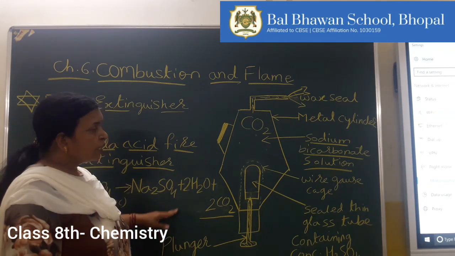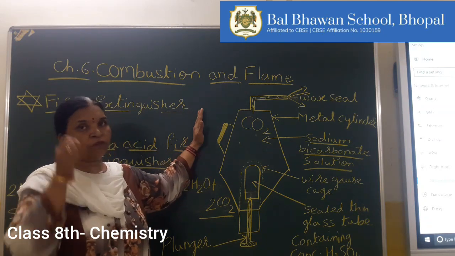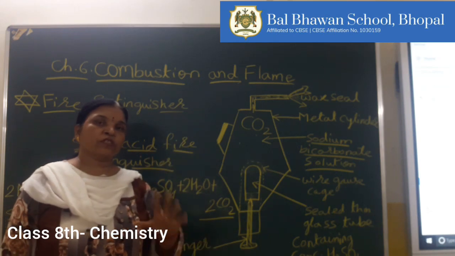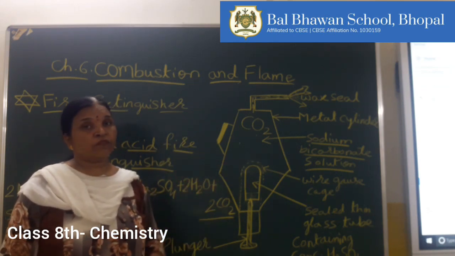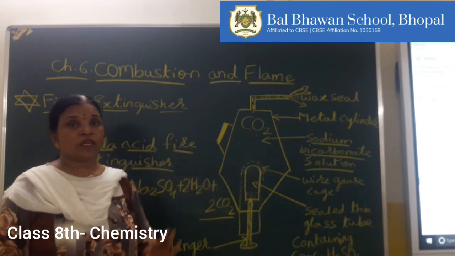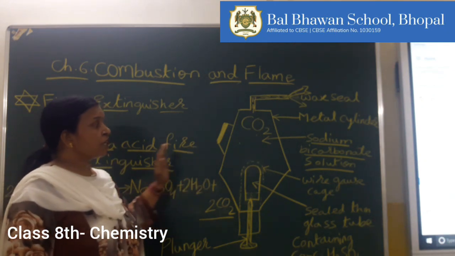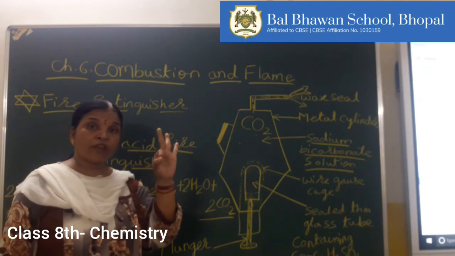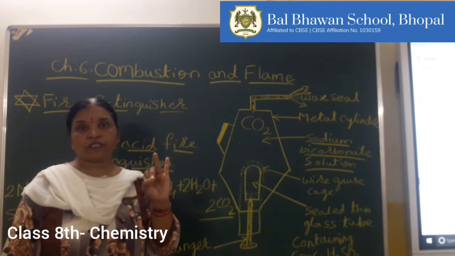Yes, so only in case of solid fire incidences where solid objects like wooden objects or something like that are caught in fire, there we can use this, but we cannot use this type of fire extinguisher for oil fires or electrical fires. Clear?